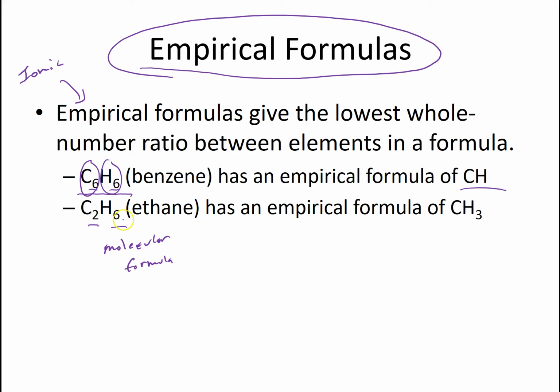Now, that ratio, 2 to 6, can be reduced to 1 to 3. So this is my empirical formula, CH3. That's what we mean when we say empirical formula. It's just the ratio of one type of atom to another.